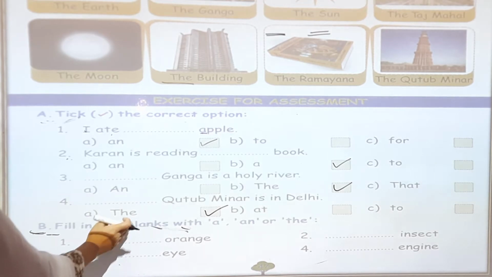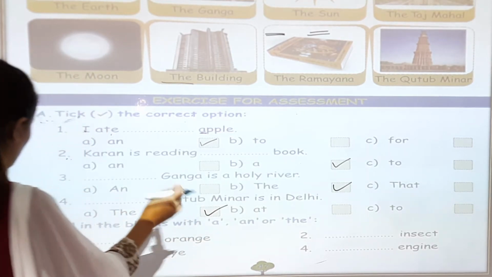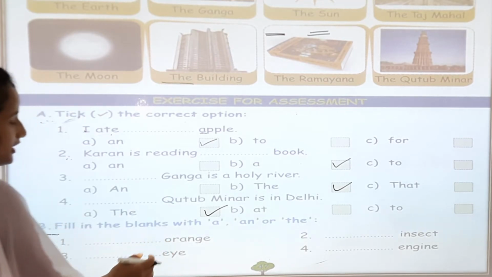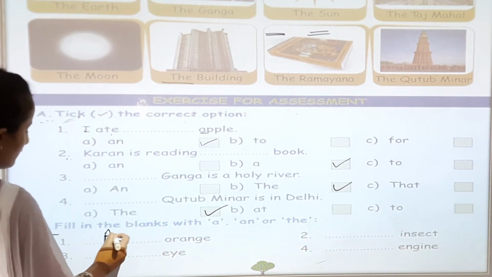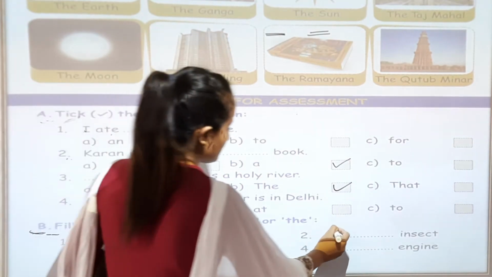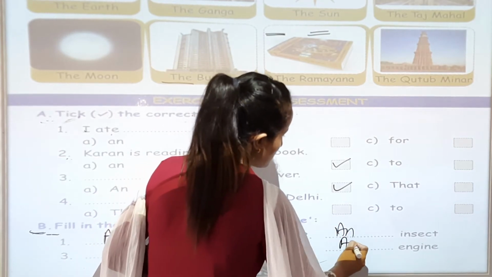Fill in the blanks with a, an, or the. So you can see, O is a vowel word, so an orange. E is also a vowel word, and I, an insect, an engine.